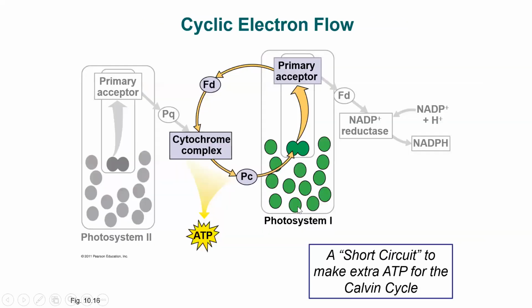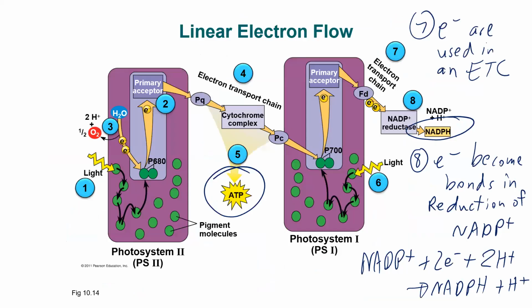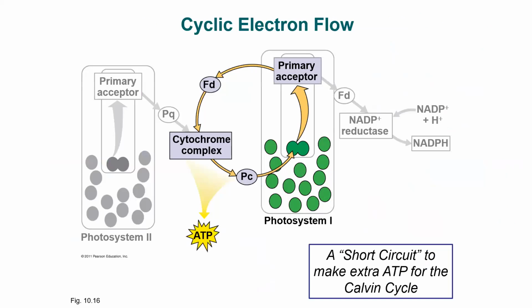Okay, so a teeny tiny footnote, which I will never ask you about on an exam. I just want to distinguish between, remember these previous slides, notice it's called linear electron flow. And if you go in the textbook, it talks back and forth about the cyclic and the linear. So I just wanted to clarify what's going on.